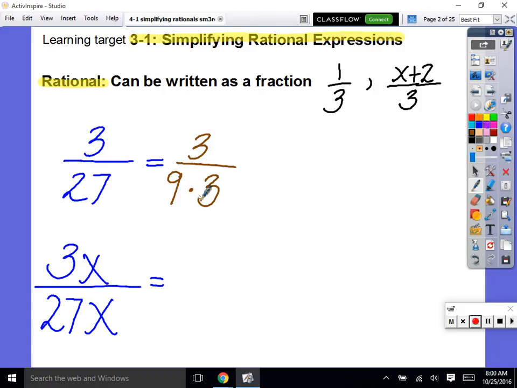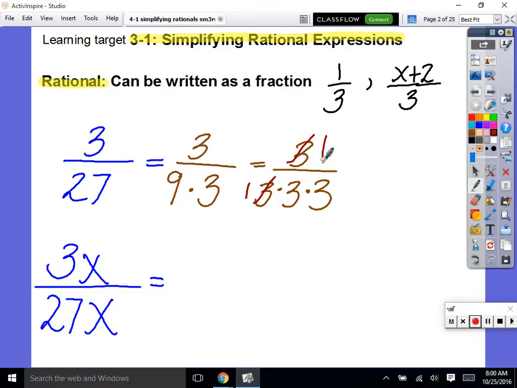This is getting really technical, but I'm just showing you, and this is going to help make sense of what we're going to do later. So 9 is the same thing as 3 times 3, and then we still have that 3. Does everybody see how we really just have this? We factored it completely, so what you're doing mathematically when you simplify this is dividing out exact factors. We have a 3 on top, don't we have a 3 on bottom?